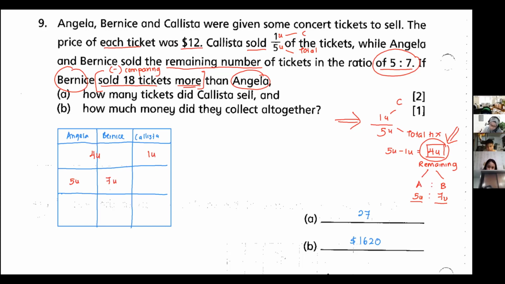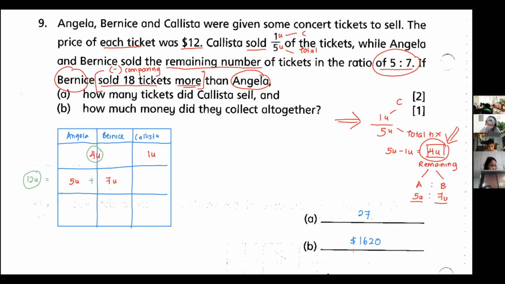So we know that this Angela and Bernice total is 4 units. But if you look at the individual units, 7 and 5, if you add them together, you are going to get 12 units. 4 units and 12 units are not the same, but they actually represent the Angela and Bernice total. Talking about the same two people, but the units are not the same.